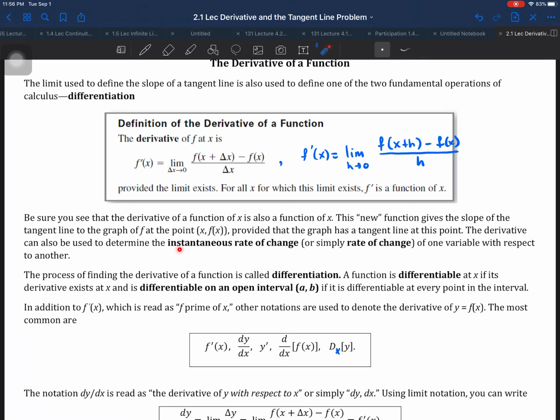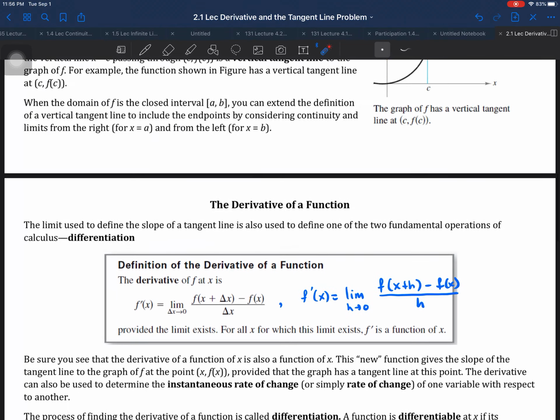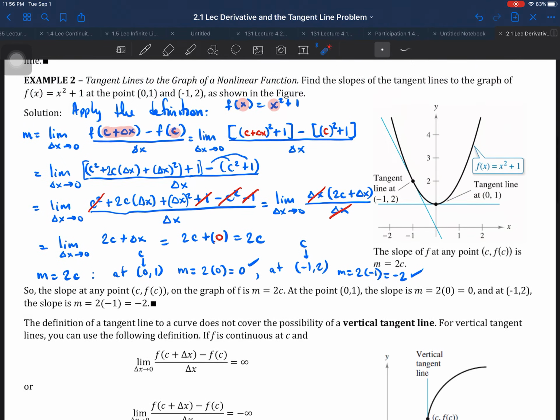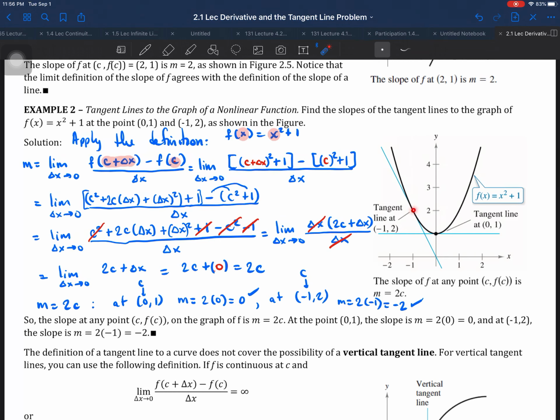It's called instantaneous rate of change because rate of change is the slope, but instantaneous means that it's in that instant, meaning you don't have to wait for 2 points to happen to be able to find the derivative. You can find the rate of change at that moment, and that's powerful.